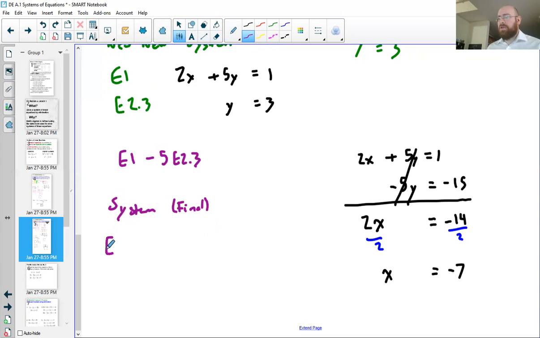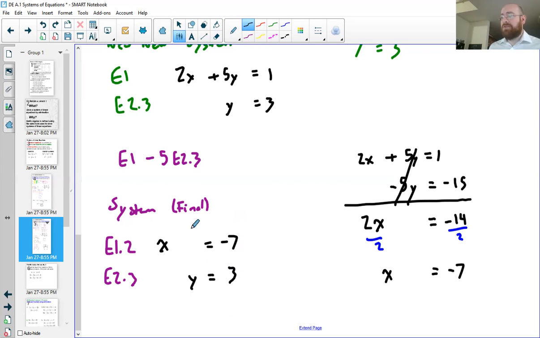So we have the second version of our first equation, which is x equals negative 7. And then we have the third form of our second equation still, which was y is equal to 3. You'll notice that I left blank spaces so that the variables still line up vertically.